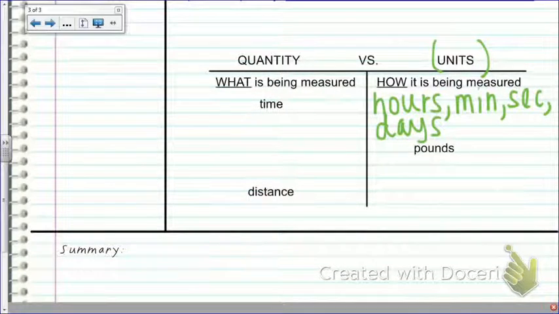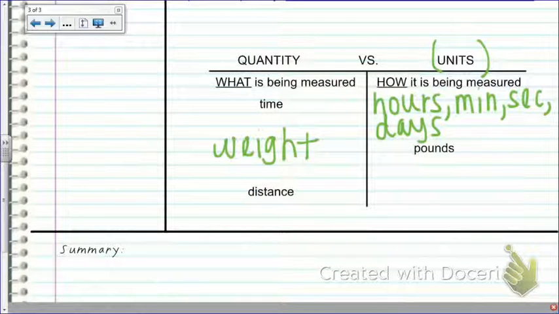What if we're looking at pounds? So what if the unit is pounds? What is actually being measured? What's the quantity? Weight. So if it says Jill starts an exercise routine and she loses 5 pounds per week. Oh, that's a lot. 1 pound per week.